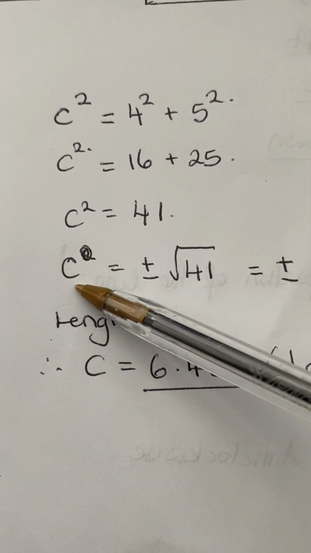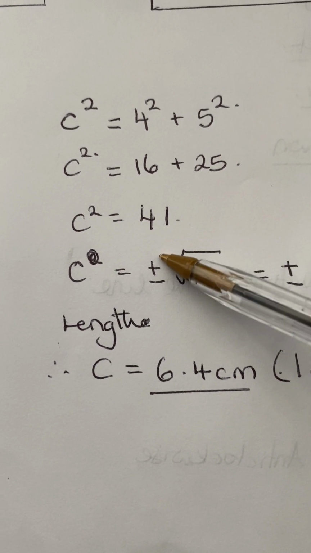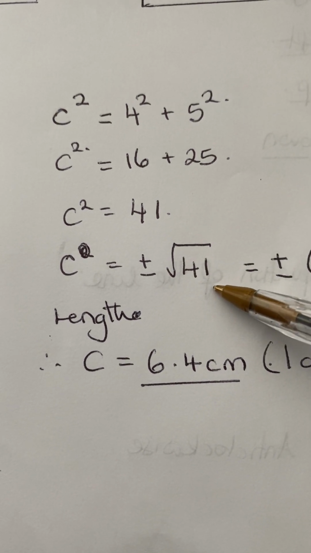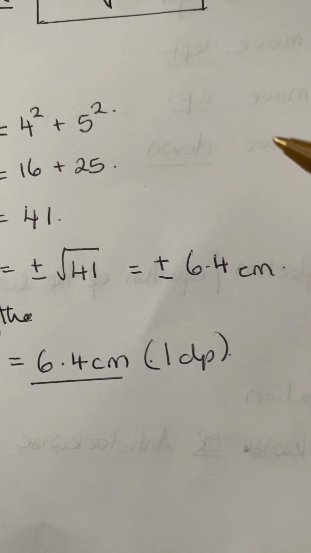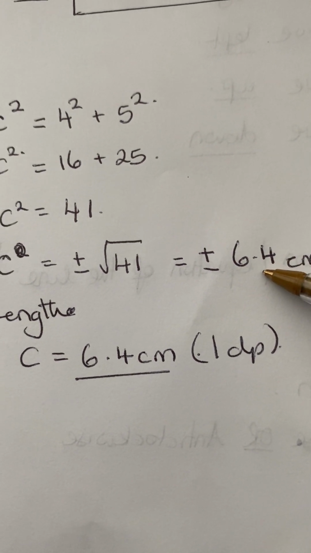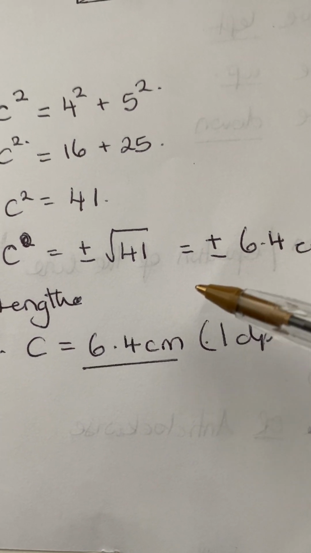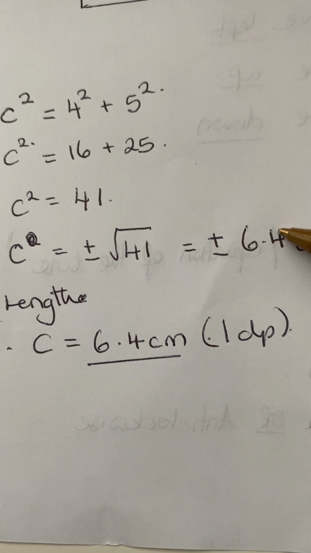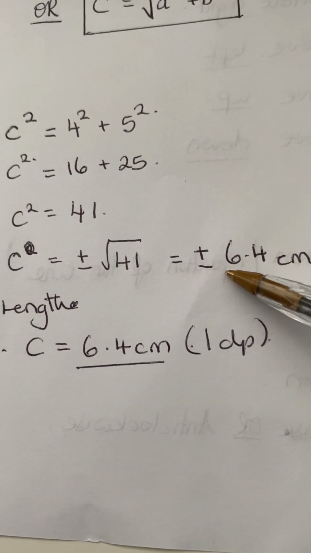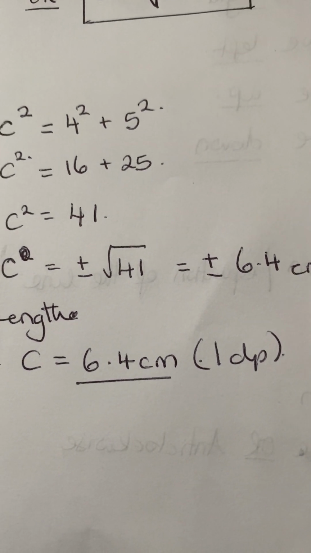Now C, assuming you didn't know it was a length, will be plus or minus the square root of 41. But we want length, so to answer our question we have to choose the positive side, not the negative, because you cannot have minus 6.4 centimeters.